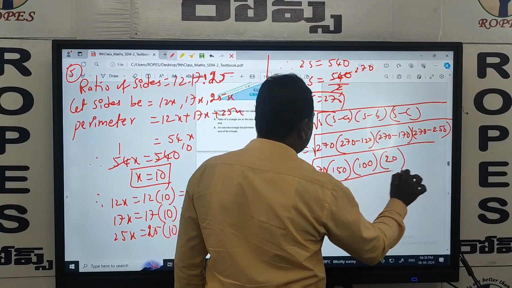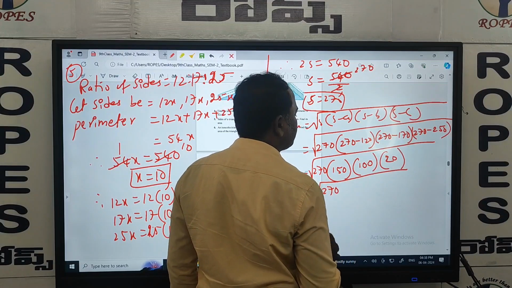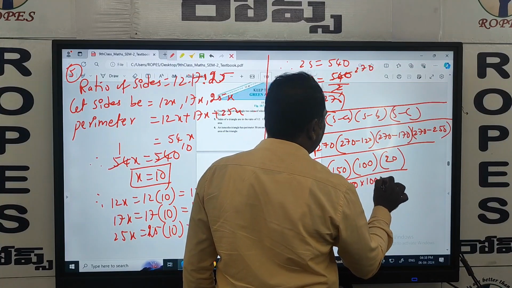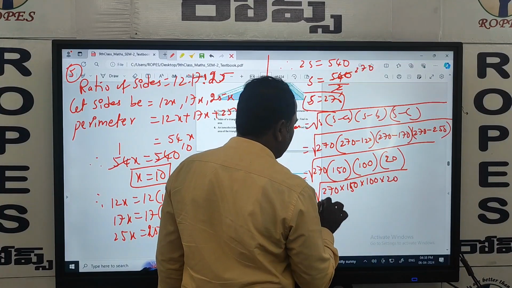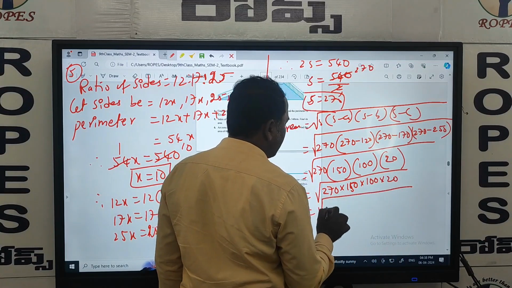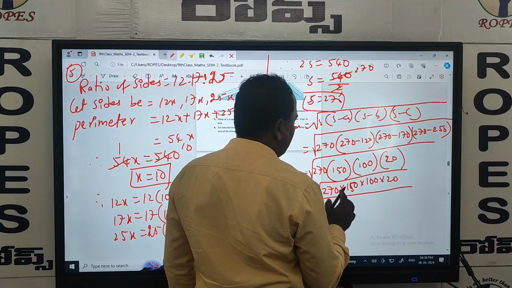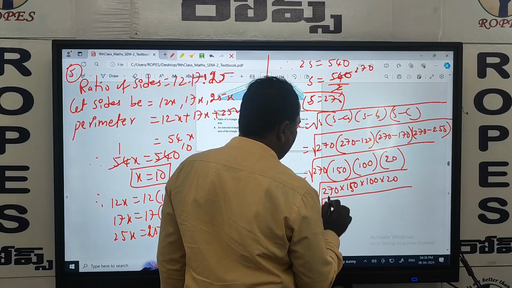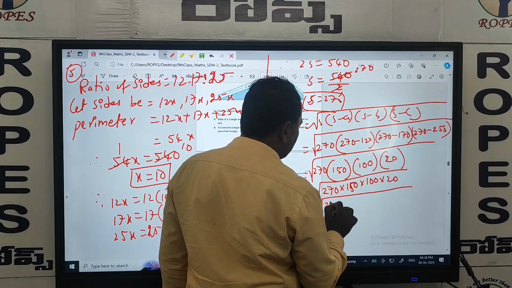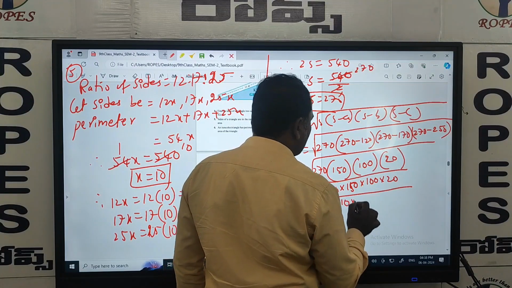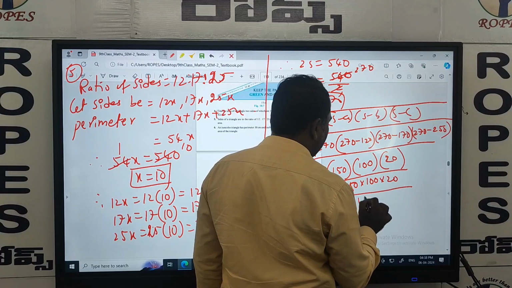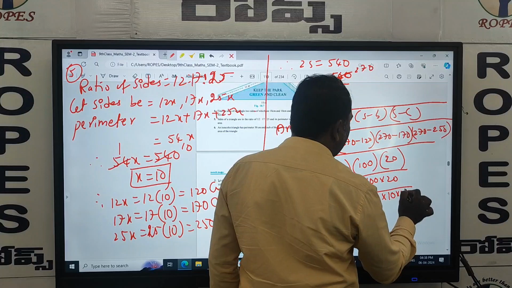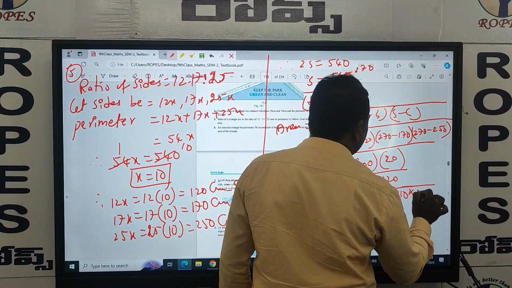So here we can write 270 into 150 into 100 into 20. We can write 270 as 27 into 10, 150 as 15 into 10, 100 as 10 into 10, and 20 as 10 into 2.